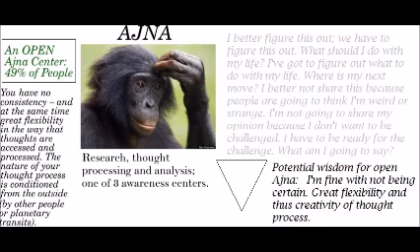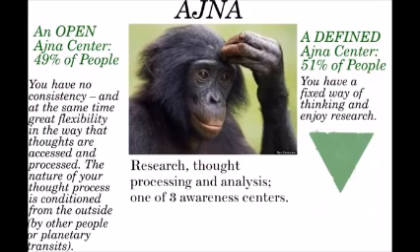And then also being aware that you may amplify and reflect back to someone with a defined ajna either their certainty or inflexibility, or possibly their own anxiety in this realm. And if you have a defined ajna, being aware of being potentially intrusive or limiting or inflexible in your manner of responding to someone else's flexibility of how they process their thoughts.